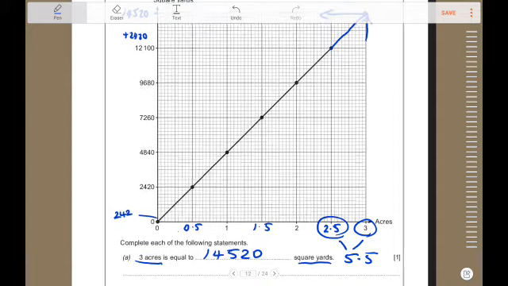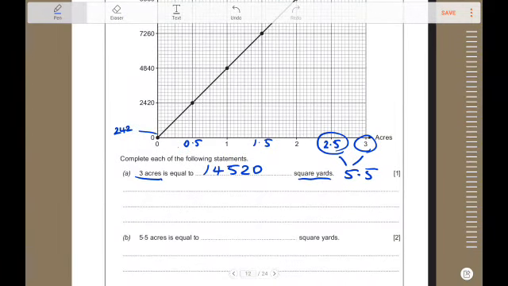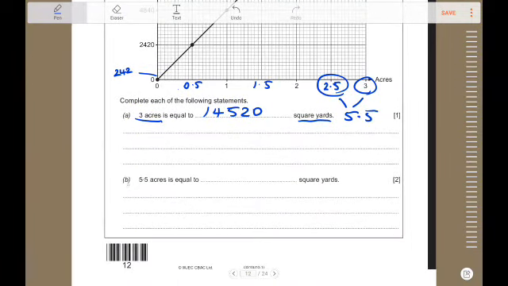I'm going to show my working, saying 5.5 acres is the same as 3 plus 2.5 acres. Now we know for 3 acres that was 14,520. Now we need to look at it for 2.5 acres and see what that says on the graph.